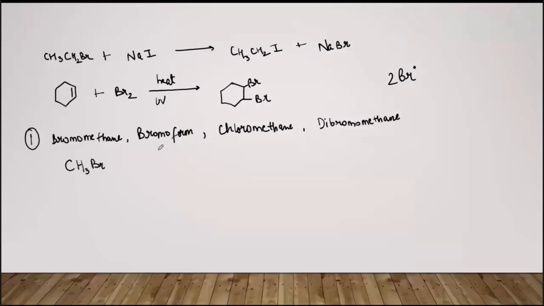Bromoform is a common name for a compound in which three bromine atoms are there, so only one H and three bromines. Chloromethane has chlorine attached to it. And dibromomethane is again one carbon with two bromines, CH2Br2. So these are the chemical formulae, and now we can compare these compounds easily.